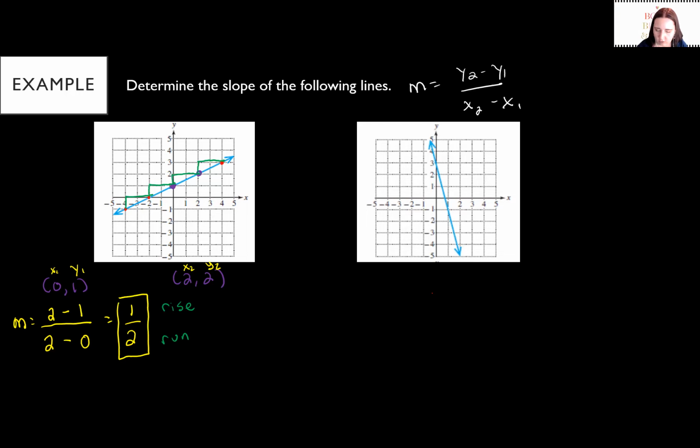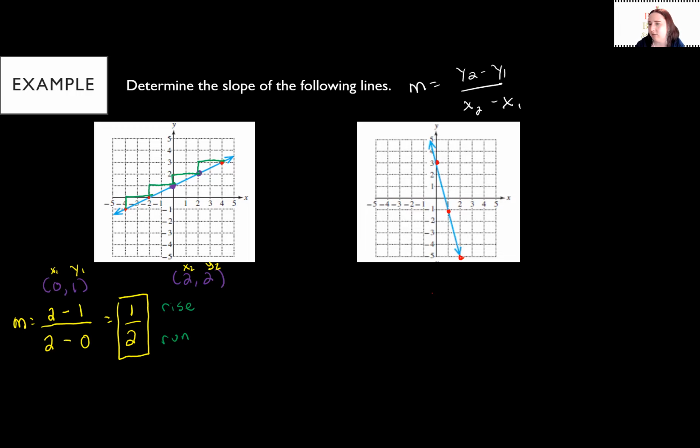So if we look at the one on the right, we want to pick easy points. So I've got this 0, 3. And the next easy point looks like 1, -1. I don't like to pick the endpoints of the arrows because it's hard to tell. I don't know if this is right here or not.